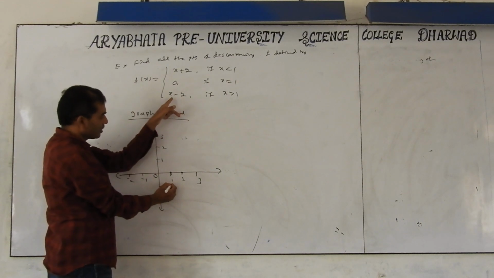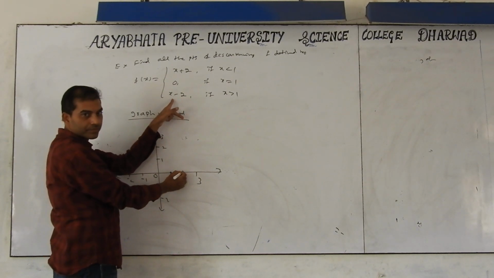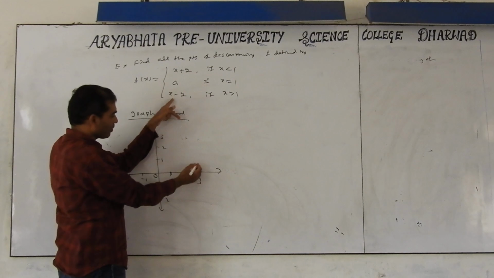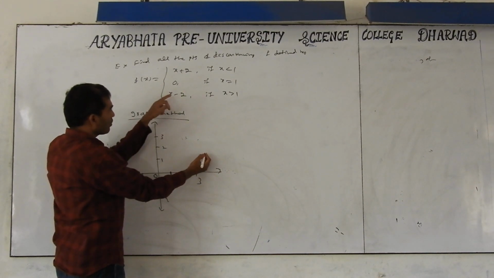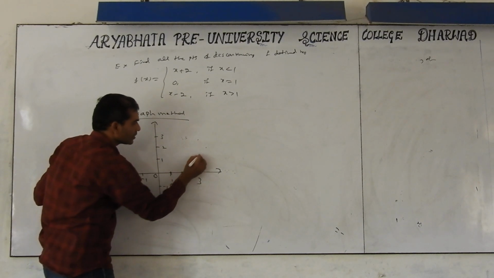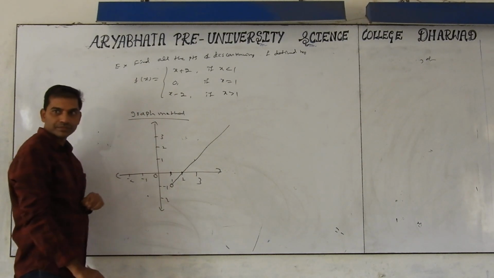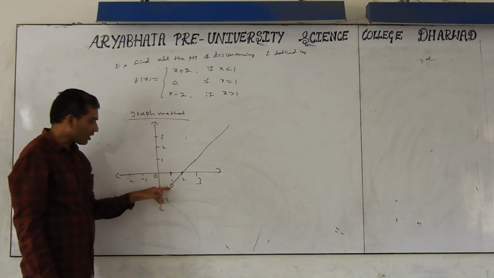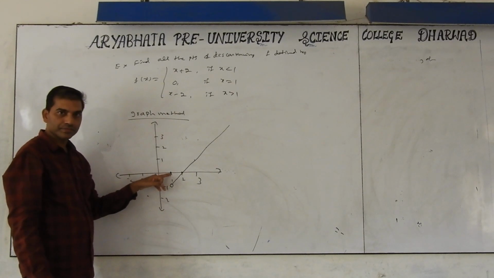Okay, next, 2 if you take 0 here, 3 if you take 1, 4 if you take 4 minus 2, 2. So the graph is like this. Join all these points. But at 1, not this, at 1 it is 0.